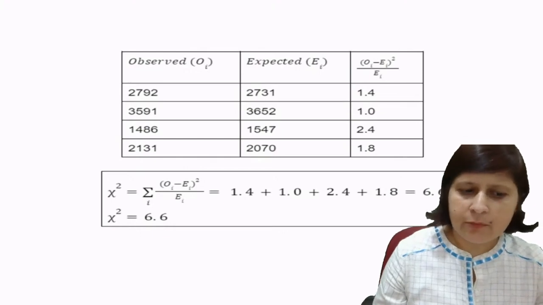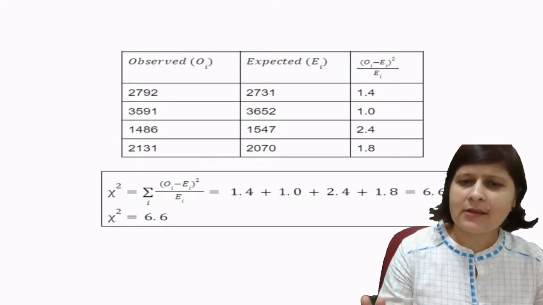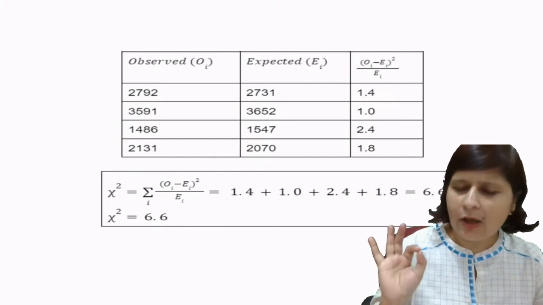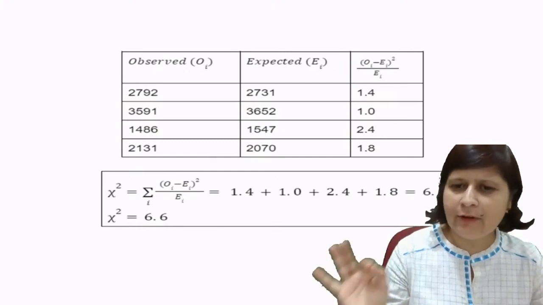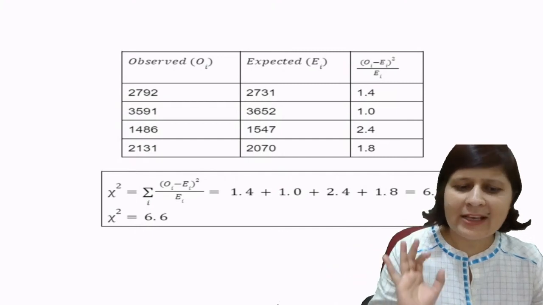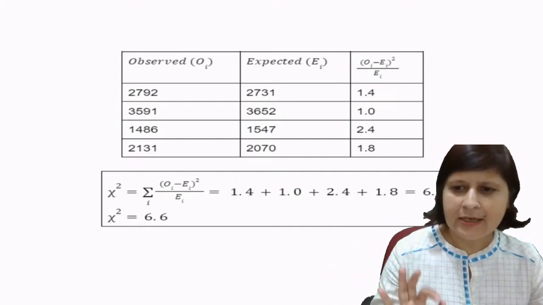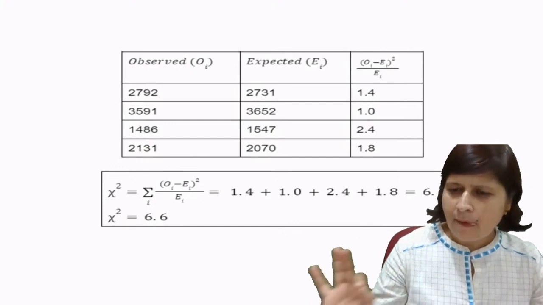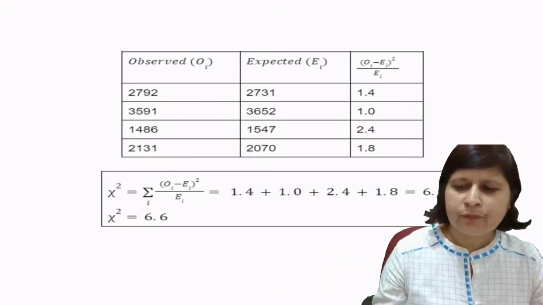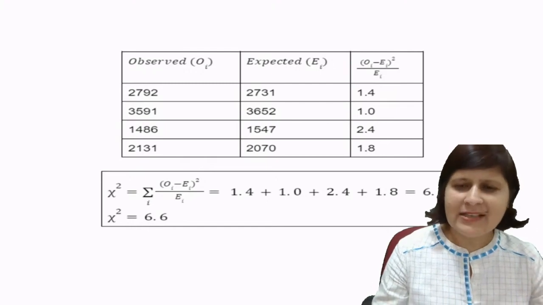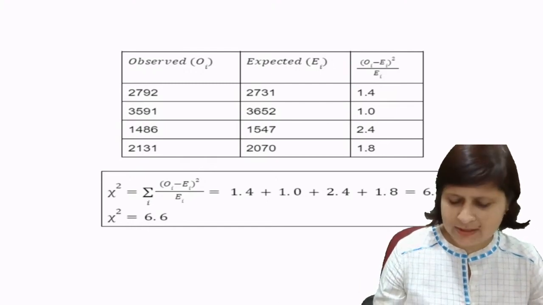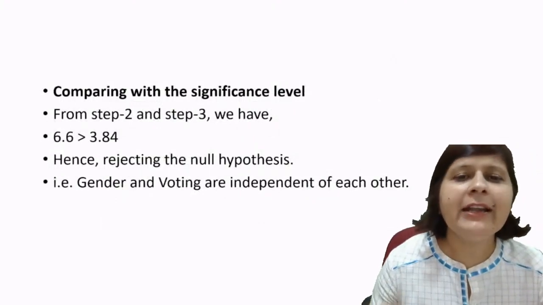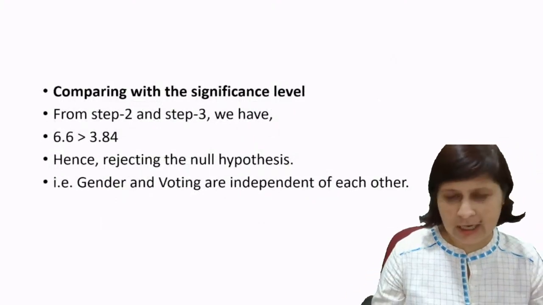I applied the formula of chi-square: summation of i equals 1 to k, (oi minus ei) whole square divided by ei, right? So 1.4 plus, and then after this I calculated the value of chi-square, which comes out to be 6.6. The value of chi-square is 6.6 and my critical value is 3.84.